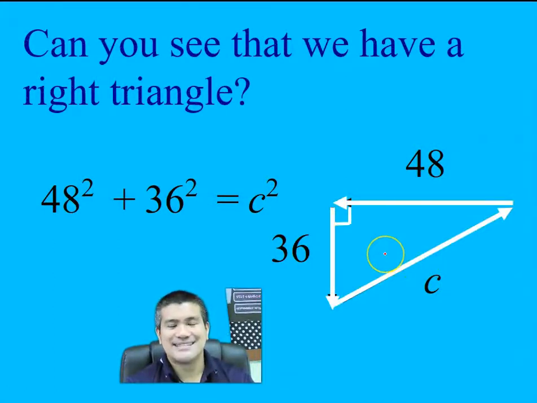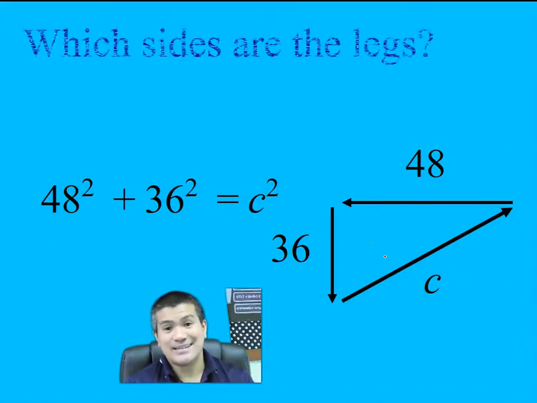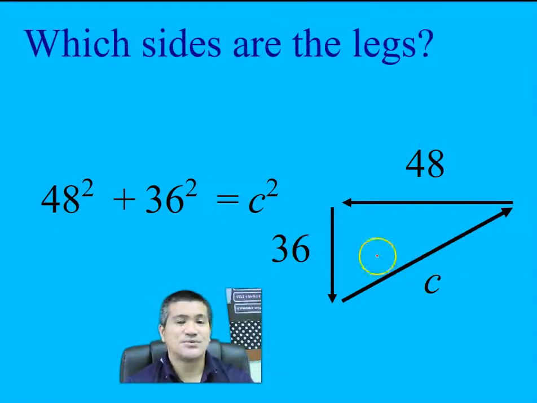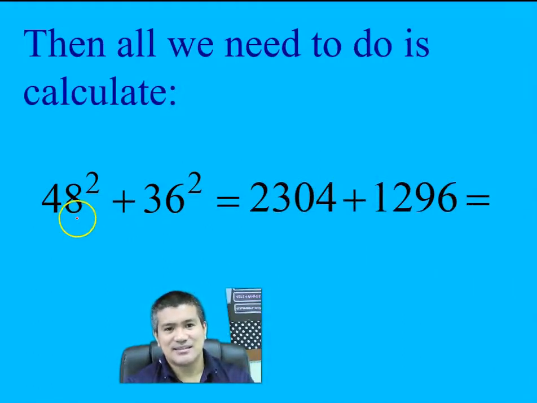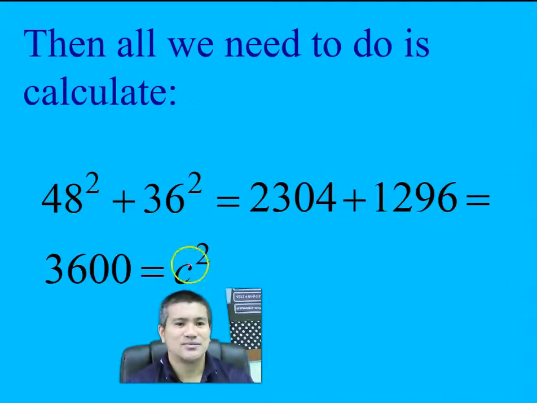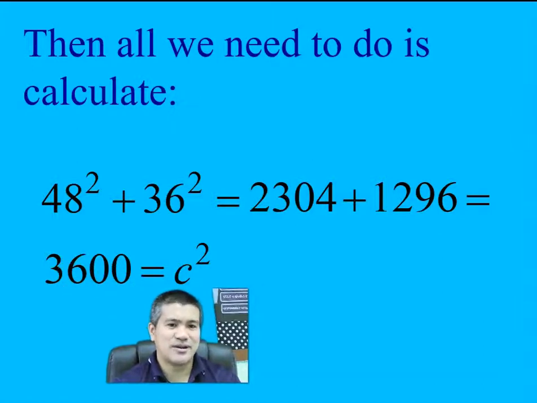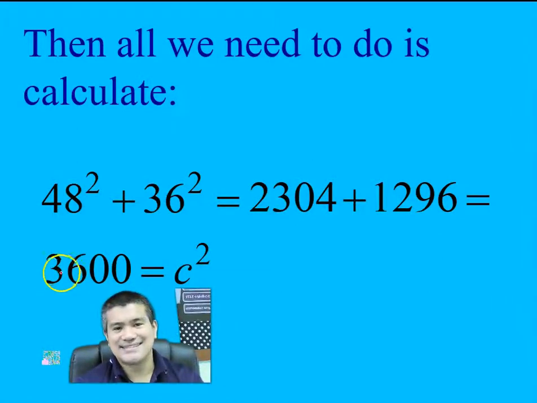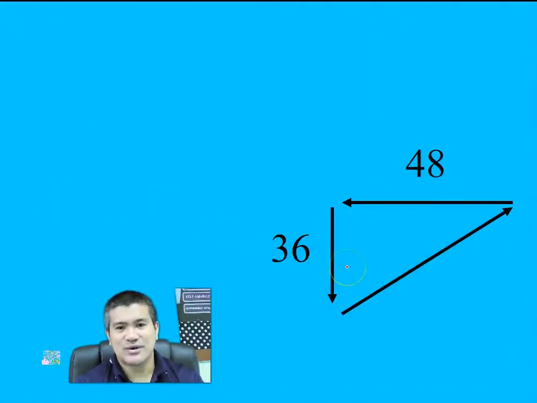So what is the answer for the two sides? We get 48 squared plus 36 squared equals 2,304 plus 1,296, which equals 3,600. So c squared is 3,600, and then you take the square root.